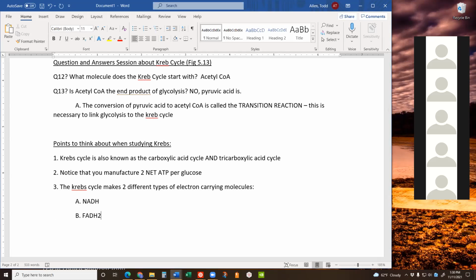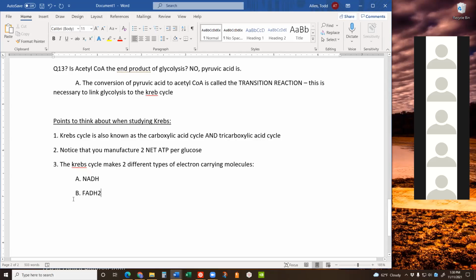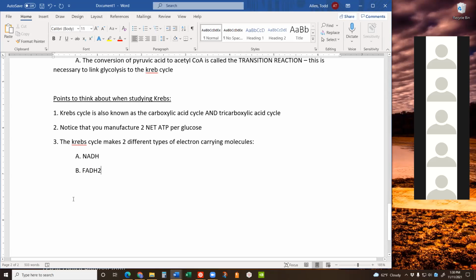Folks, I don't really want to get into the chemistry of those things right now, but let me just say this. You should think of NADH as the Federal Express delivery guy for electrons to the electron transport chain, and you should think of the FADH2 as an equivalent UPS delivery guy for electrons to the electron transport chain.